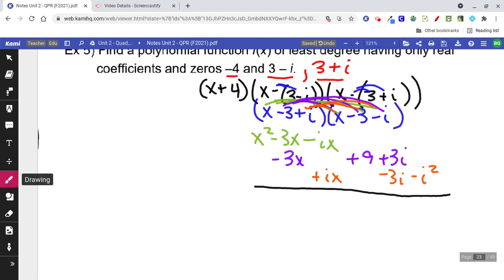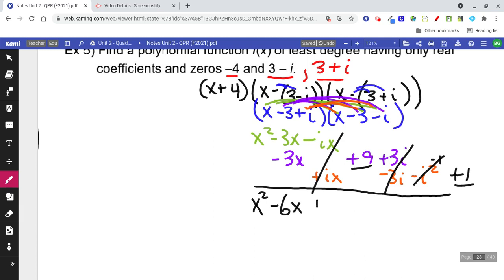We're going to collect like terms, but notice those two cancel out and those two cancel out. That's nice because that's getting rid of all my imaginaries. But also you want to notice minus i squared. Remember how i squared was negative 1? So minus negative 1 is going to be plus 1. At this point, I'm going to collect all my like terms. I'm going to have x squared minus 6x, and then plus 9 plus 1 makes plus 10.